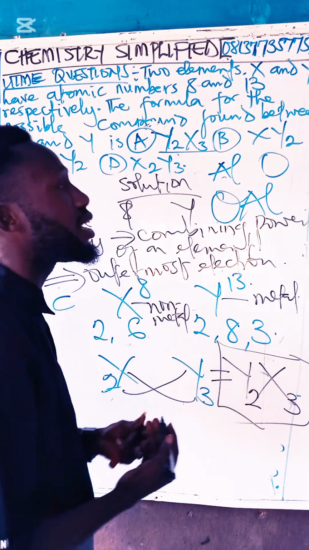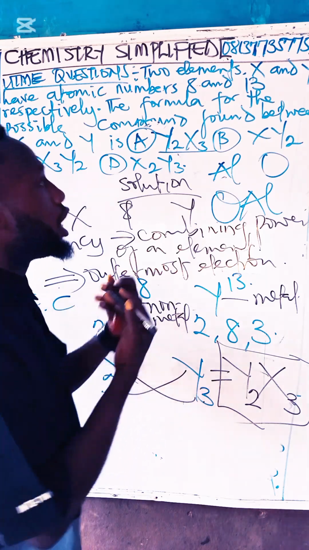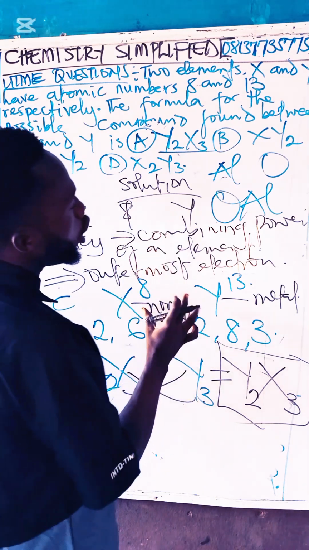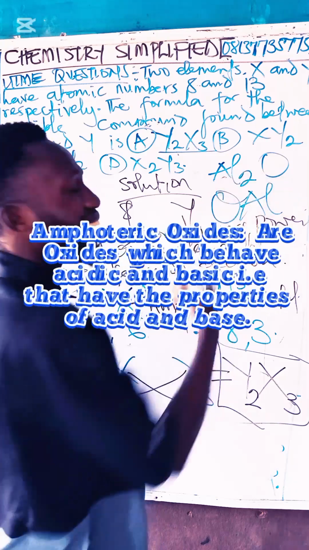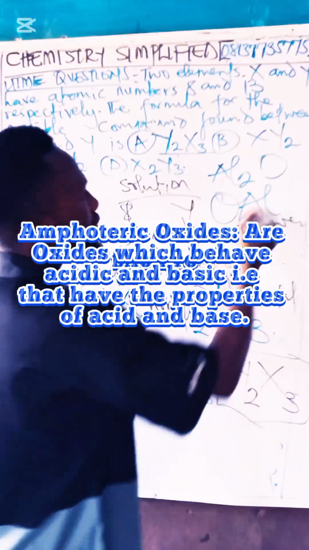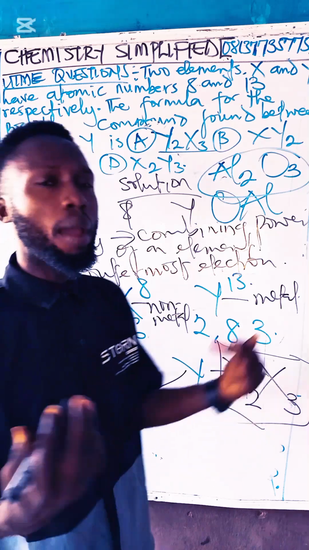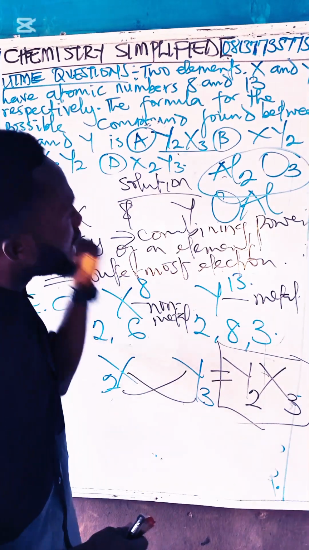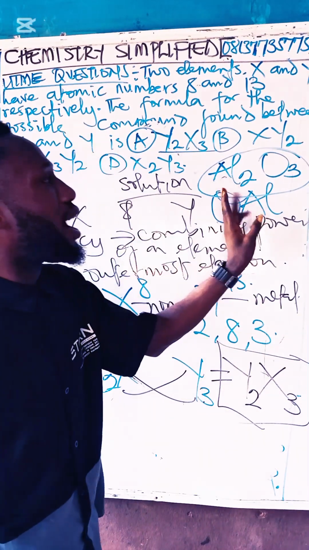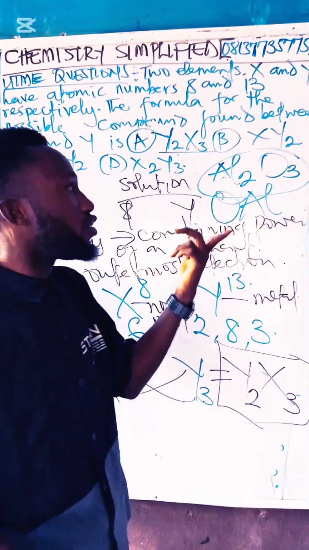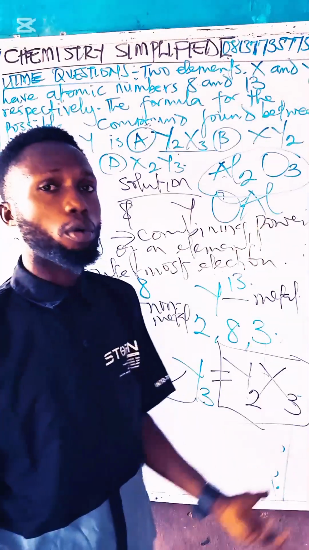And the very first thing that will come to your head, even after you have gotten the valency of the two elements, is the amphoteric oxide of aluminum, which is Al2O3. So once you can quickly identify the elements from a very small atomic number or proton number, you can get the answer quickly.